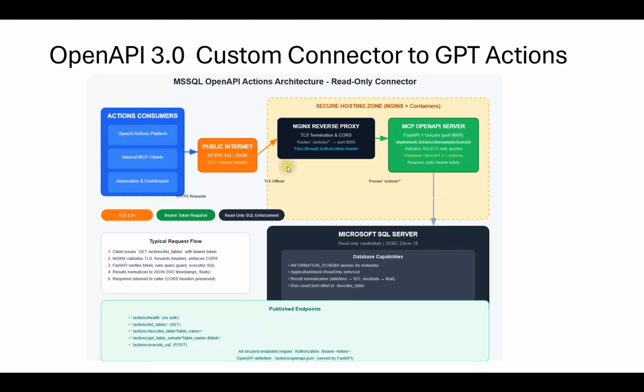The authentication to the MCP server is done via headers using a bearer token, and you can use three options when you integrate this with actions in ChatGPT Custom GPTs. One is no authentication, something that I don't recommend.